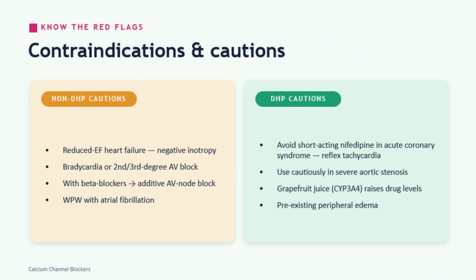Alright, let us talk about when not to use these, because knowing the contraindications can literally save a patient's life. The pump drugs, verapamil and diltiazem. Avoid them in heart failure with reduced ejection fraction, in bradycardia or AV block, and be really careful combining them with beta blockers because both slow the heart and together they can stop it.